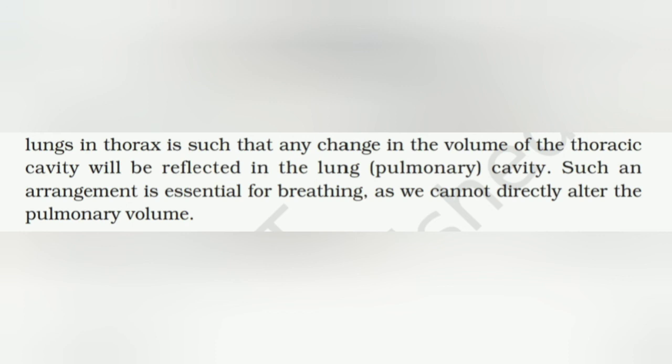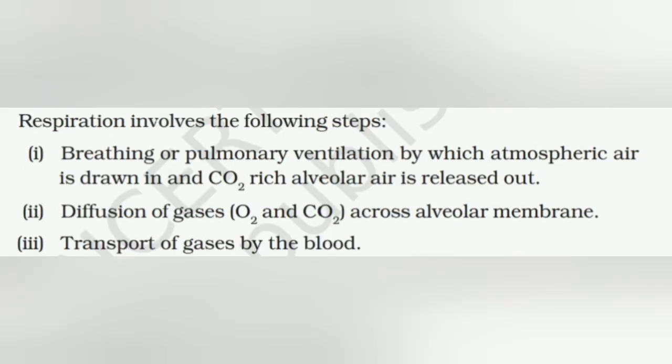Such an arrangement is essential for breathing as we cannot directly alter the pulmonary volume, because we cannot directly squeeze or relax the lungs, so we have to indirectly change the volume of the cavity outside them. Respiration involves the following steps. First, breathing or pulmonary ventilation by which atmospheric air is drawn in and carbon dioxide-rich alveolar air is released out. Diffusion of gases, oxygen and carbon dioxide across alveolar membrane.